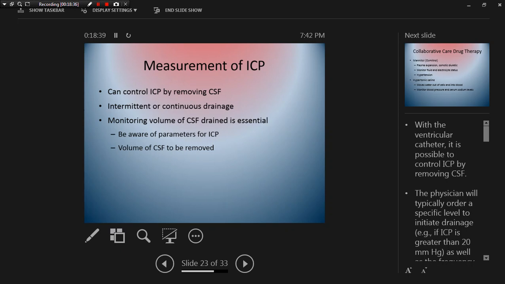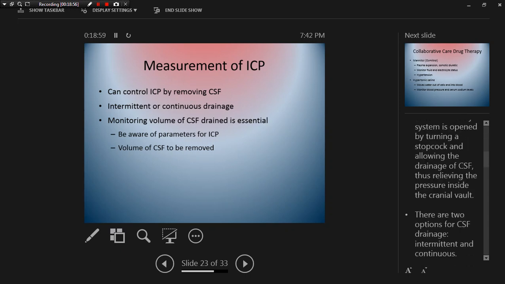If the ICP is at a certain level and they want you to take off a certain amount of fluid, you need to be aware of that. And then you also need to be aware of how much is too much to take off, okay? Because you can actually cause negative consequences with taking off too much fluid versus not taking off enough. So that's optimal. That goes without saying.